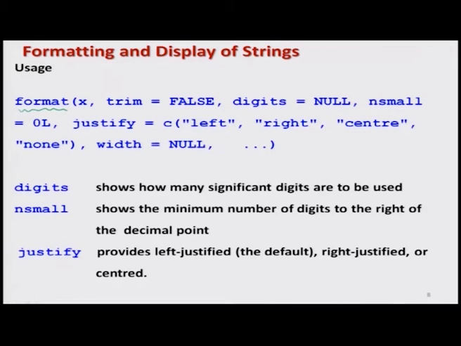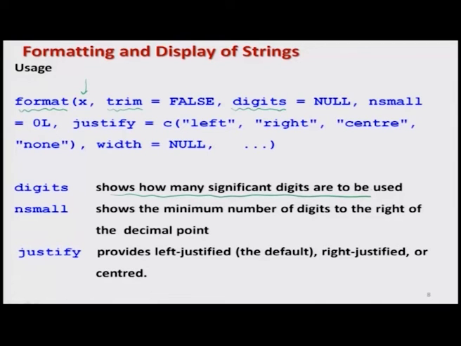But anyway, the more detailed syntax of the format command is as follows. Inside the argument, we give different types of options. First, whatever you want to format is contained in the variable x. Then we have the option trim, if you want to trim the outcome. Next is digits, which controls how many significant digits are to be used.